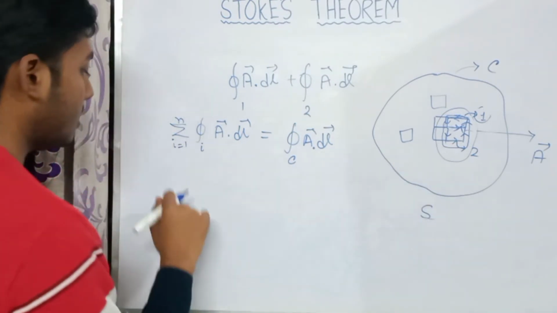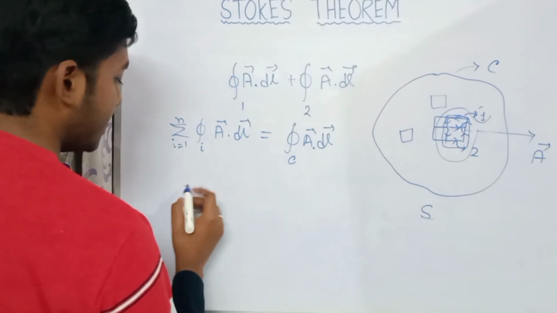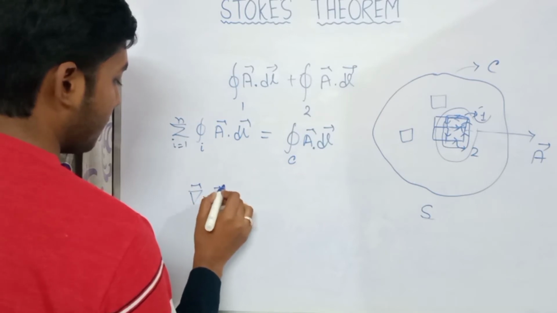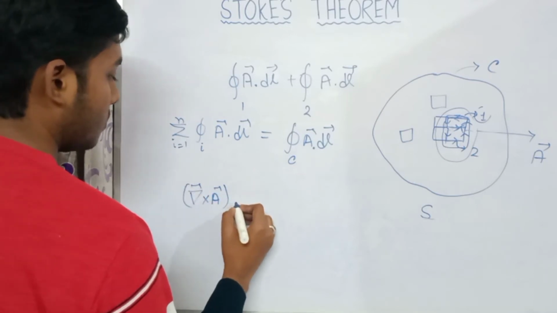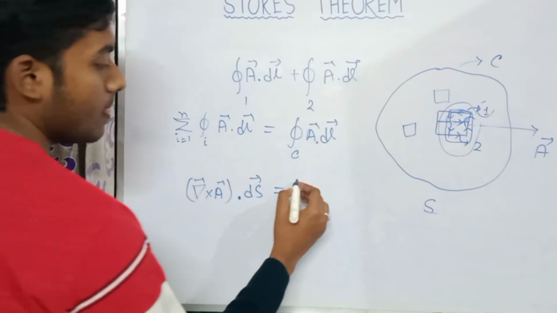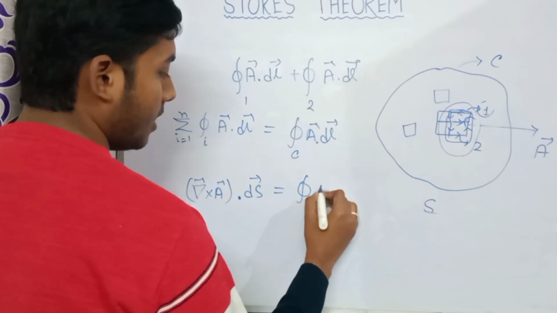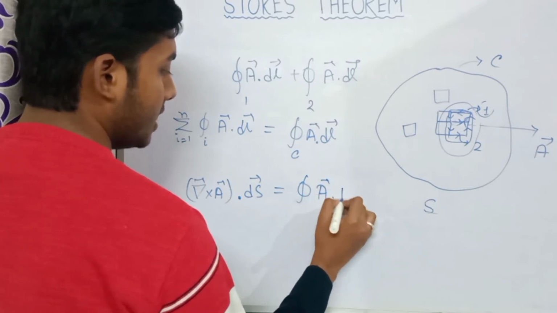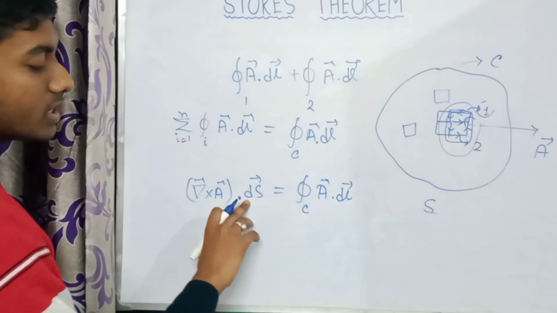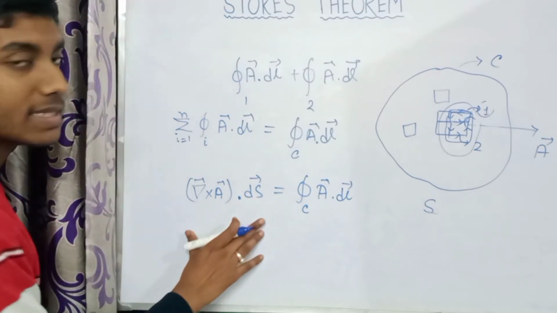From there, I can write that the definition of curl says that curl A dot ds vector is equal to the line integral of A dot dl over the closed curve which encloses the surface ds.